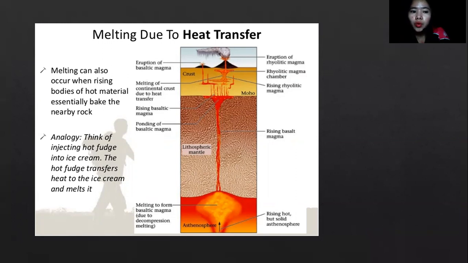So it can also occur when rising body of hot materials essentially bake the nearby rock. So the heat is already there, naana siya, nag-occur na siya, nag-exist na siya. So mauna to siya ang aid kung anong nag-start og magmatism or nagkaroon og melting. Kaya gina-transfer to niya ang init sa isa ka surface.